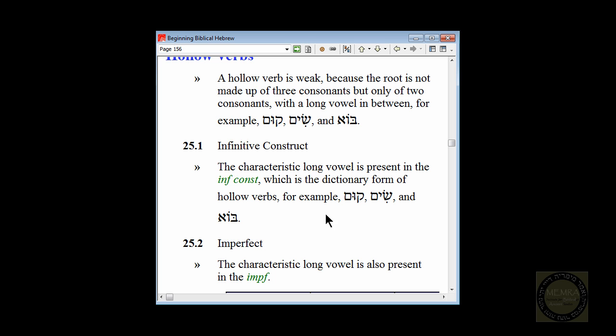So when you see something like this in a text, just the lemma form, you will obviously be able to recognize it as a hollow verb, again, because of the middle consonant being a vowel, or one of these mater vowels. And if it's just by itself, then you might want to be thinking, hey, that's probably an infinitive construct.